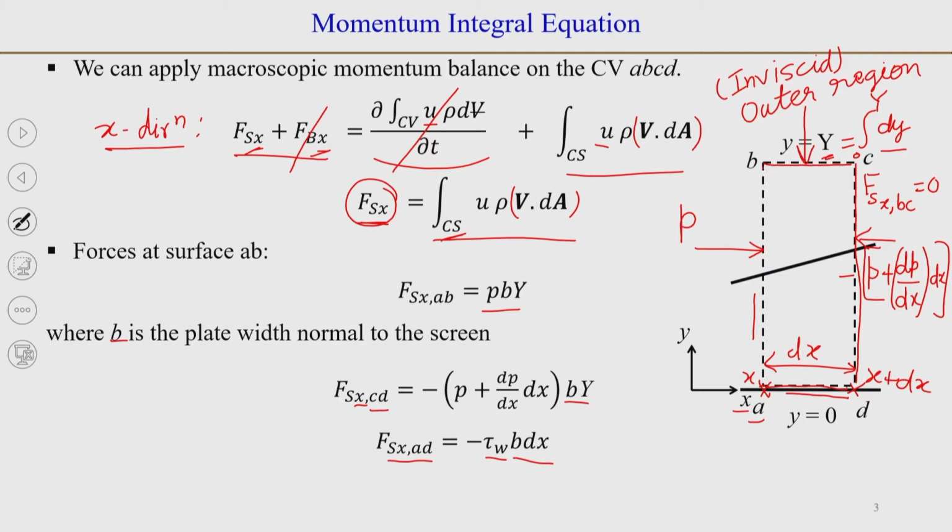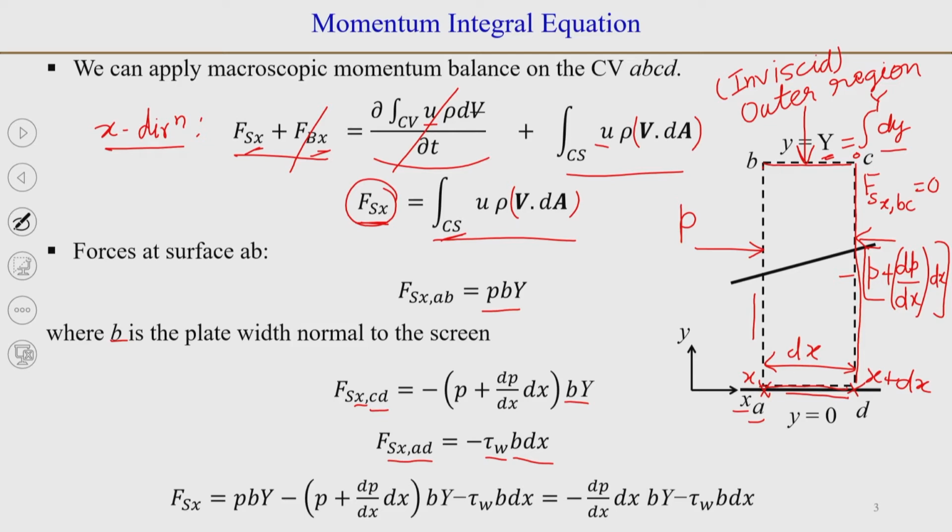Now, we can combine all these and find the final expression for F S x. So, when we add them together, the first on surface AB is P into b into y, this is the force on surface AB, and on surface CD, minus P plus dP by dx into dx whole multiplied by b y, and minus tau w b dx.